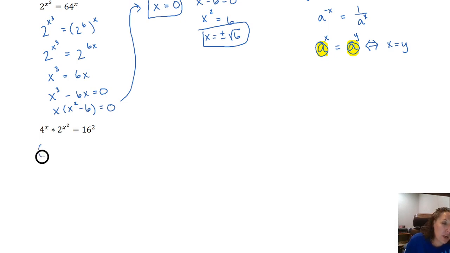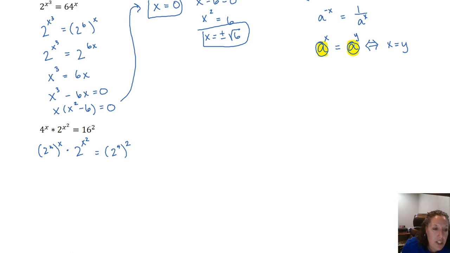So 4 can be written as 2 squared, and then that's still raised to the x. 2's already written in the base we want. 16 is the same thing as 2 to the 4th, and then we've got to square that.